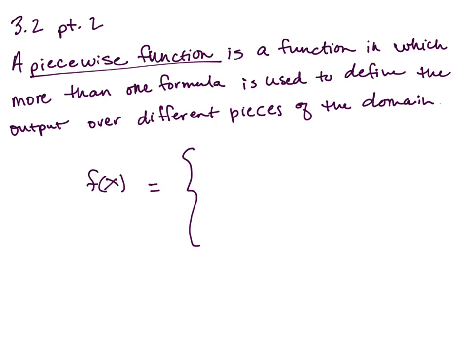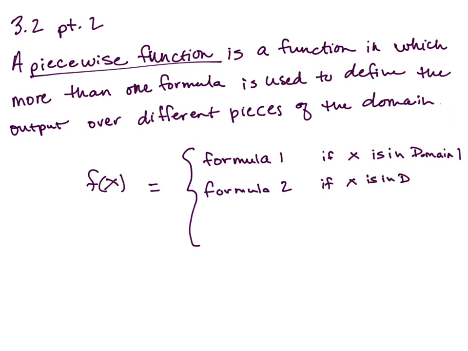So for instance, you'll have the first formula, maybe called formula 1. And we're going to use that formula if x is in domain 1. We're going to use that particular formula if the x value that we're looking for fits into the domain that they give. Okay? And then we're going to have a second formula. We'll call it formula 2. And we're going to use that one if our x value is in domain 2.